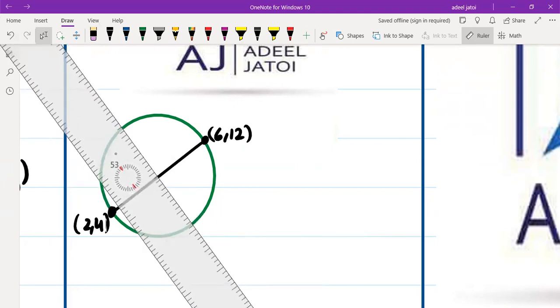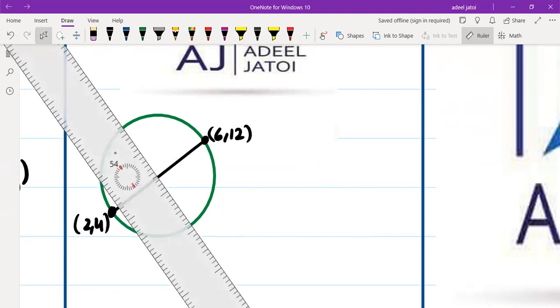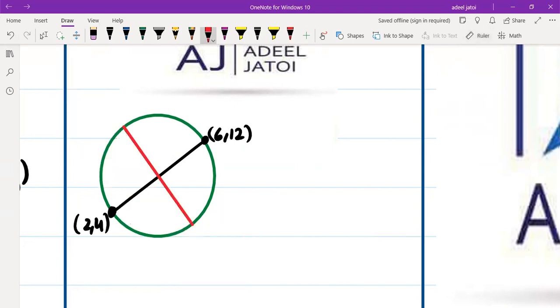So this can be considered as the perpendicular bisector. The red line will be the perpendicular bisector, which means this is your midpoint.